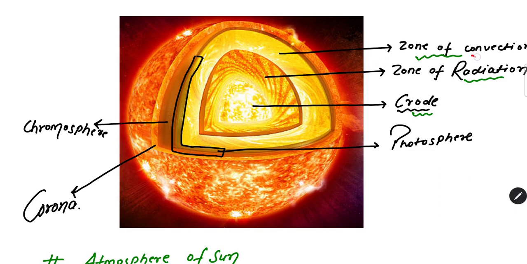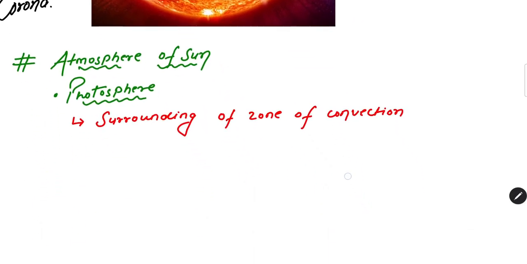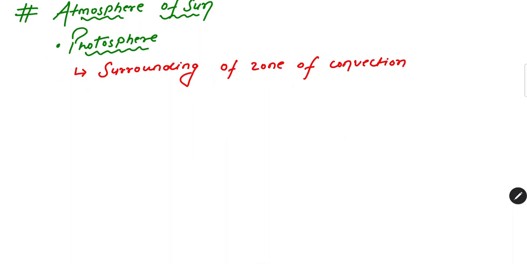Here we have the zone of convection, and around this zone of convection, this part is the photosphere that I am highlighting right now.